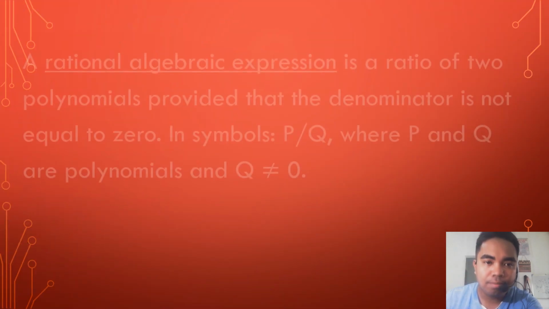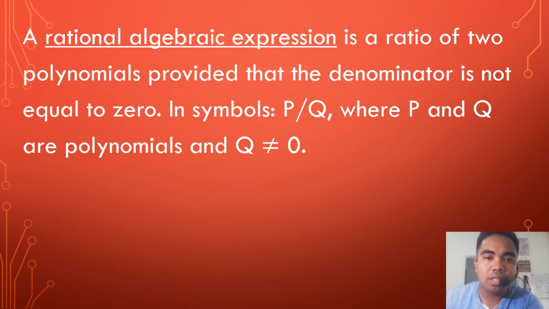Next, we're going to define rational algebraic expression. It is a ratio of two polynomials provided that the denominator is not equal to 0. Ibig sabihin, magiging rational algebraic ang isang expression kung ang kanyang denominator ay hindi 0 or not equal to 0.